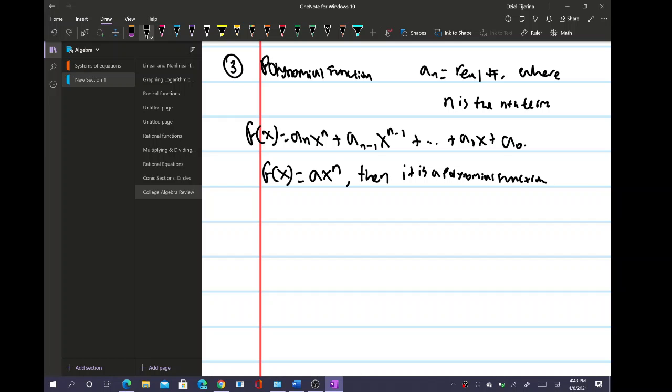So as long as it's of this form, if I say f of x equals 2x cubed, yes, that is a polynomial function. F of x equals 2x minus 1, yes, that's a polynomial function.